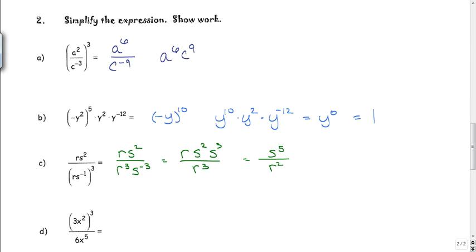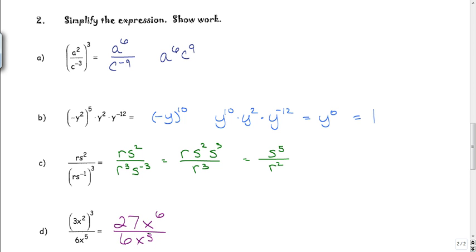The next one. What you should have done first, careful now. What's 3 cubed? It's 27, not 9. The rules that apply before you learned this are still the same. 3 cubed is still 27. It's only when you take an exponent do you multiply. So 2 times 3 is 6. Over 6 x to the 5th power.